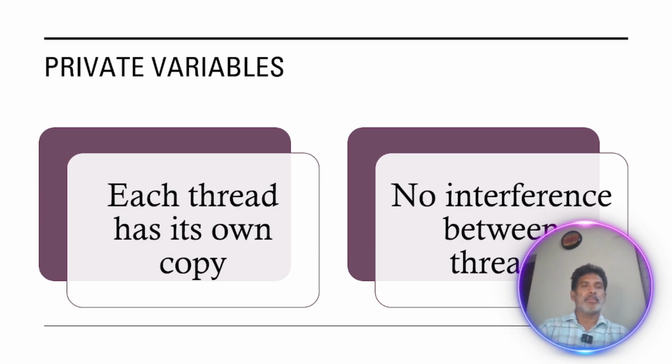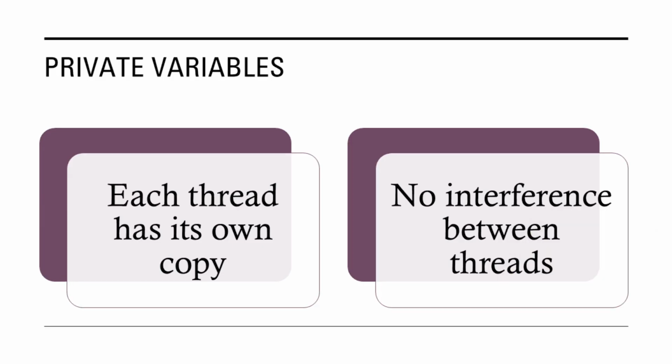And the next one is private variables. In OpenMP, a private variable means that each thread gets its own independent copy of the variable when the parallel region begins.